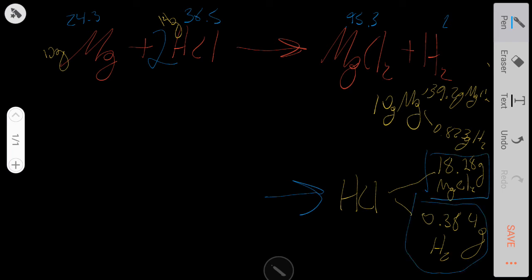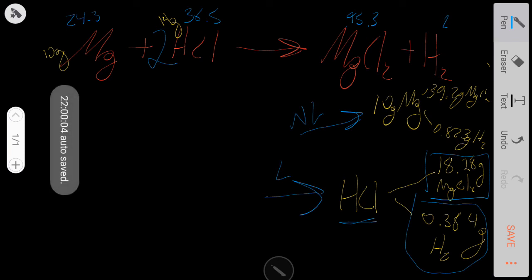In this particular reaction with this amount of reactants, I can only make 18.28 grams of magnesium chloride, and I can only make 0.384 grams of H2. Fantastic. So that means that after this reaction is done, all of my limiting reagent will be used up, but not all of my non-limiting will be used up. So this is non-limiting and this is limiting. Cool? So I'm going to have some magnesium left over.